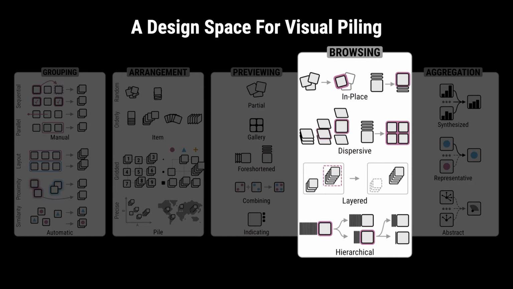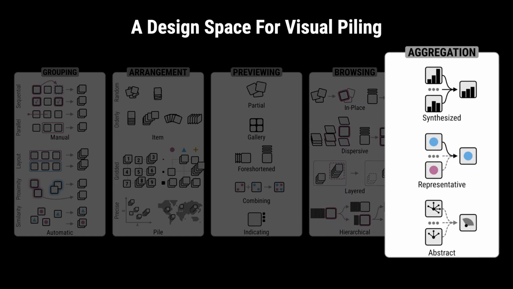In the context of piling, we regard browsing as the act of inspecting the visual details of individual piled-up items. To support efficiency and scalability, piling interfaces typically provide multiple browsing interactions, as I will show you in a minute. And finally, aggregation is the act of summarizing piled items into a concise form to enhance the content awareness of pile previews and aid comparison between groups of piles.